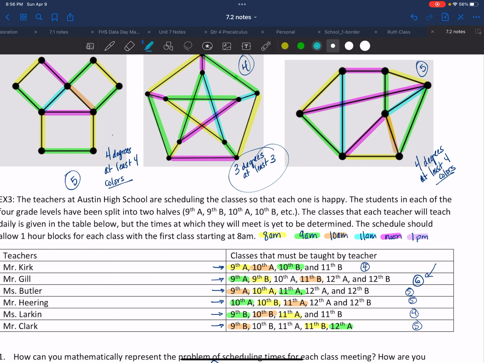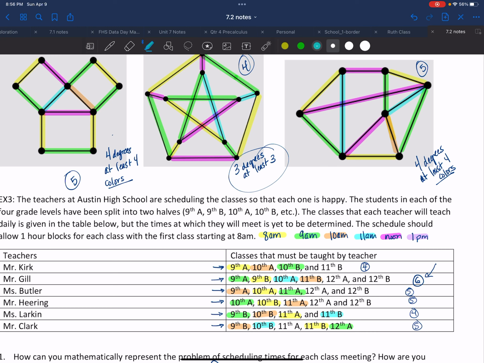And so I'm out of 9th grade classes, but I can do 10A, 10B. I can do 10A, 10B, 11B.